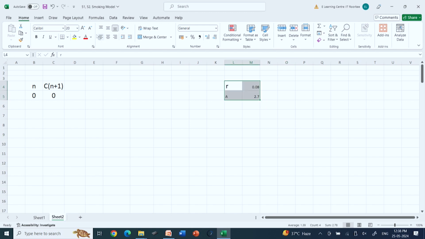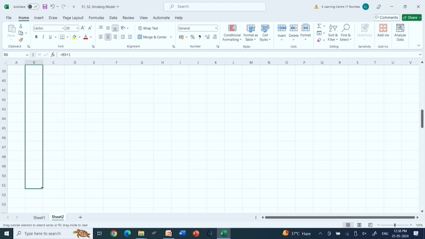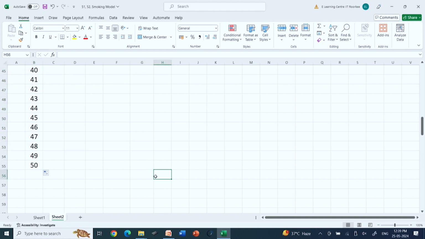So this is the n, the number of years, which is equal to 0 plus 1, and let me drag to a few values, say 50 of them.